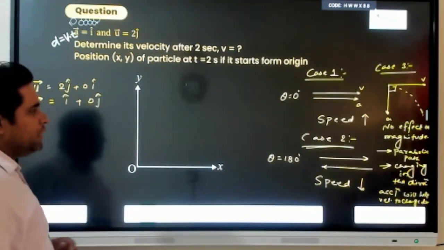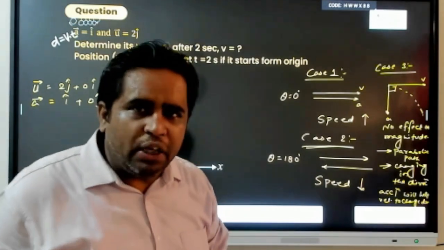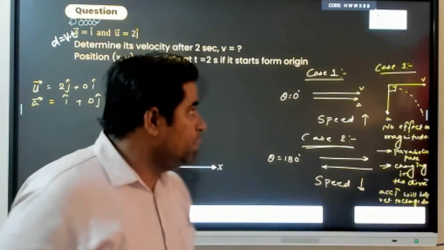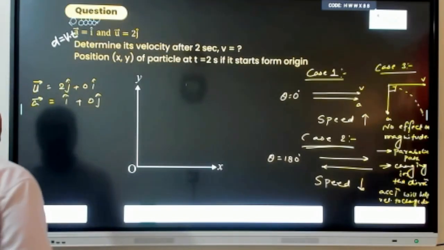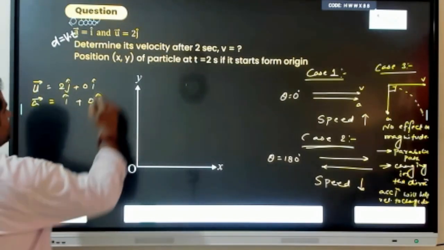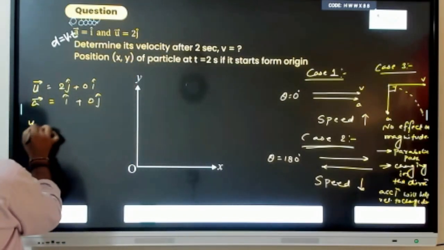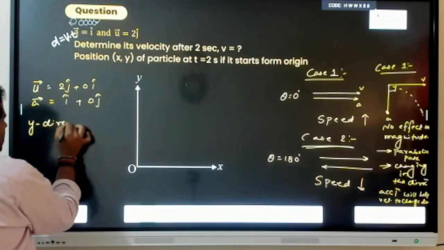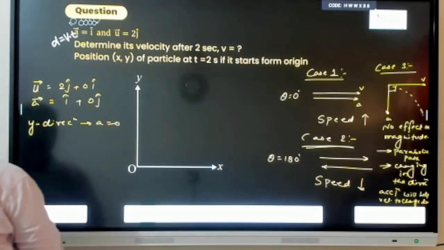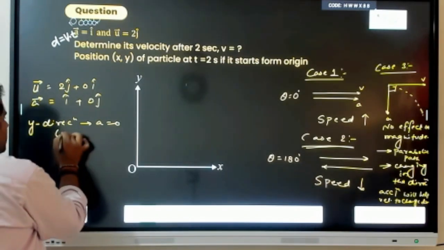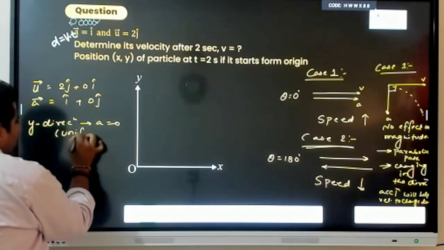So what does it mean? Are you getting my point? You will be clearly visualizing that in the y direction the acceleration is 0, my dear friend. The acceleration is 0 means the velocity is uniform.